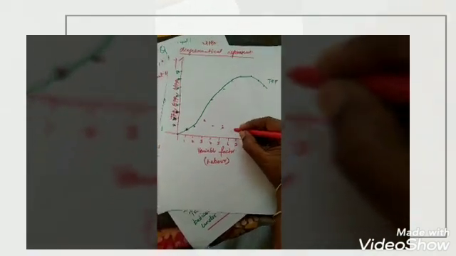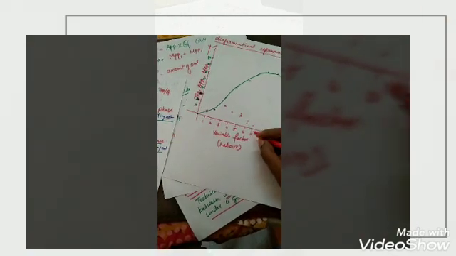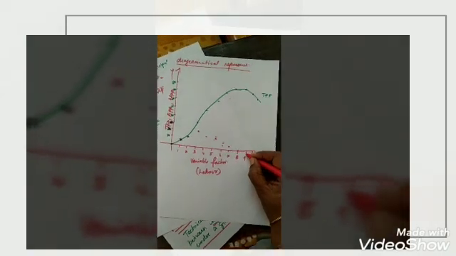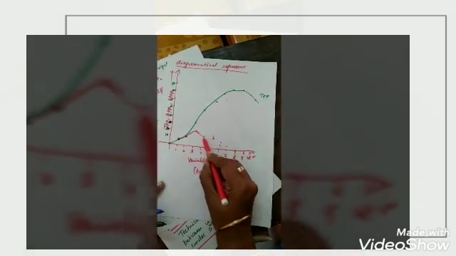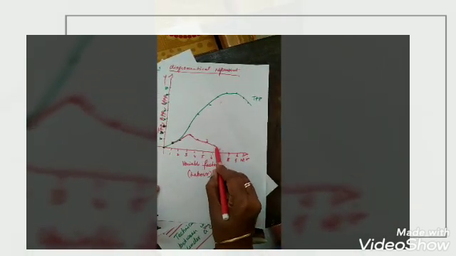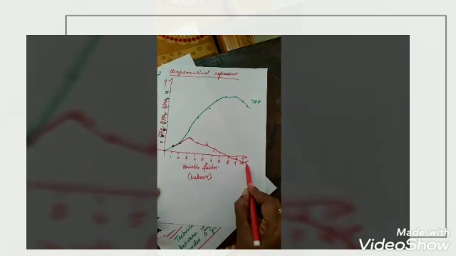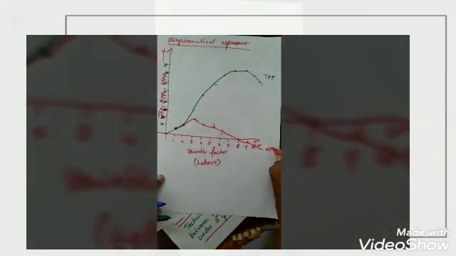Then it is 8, 4, then 0, minus 4 and minus 8. Combine the things together. This is MPP.